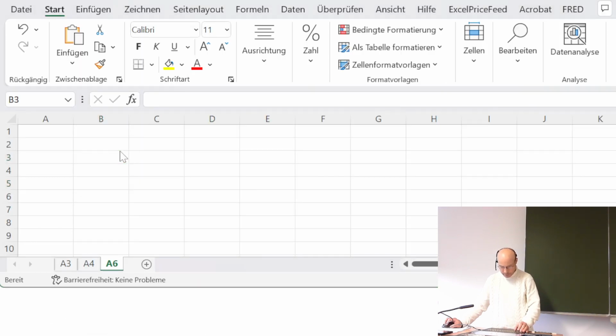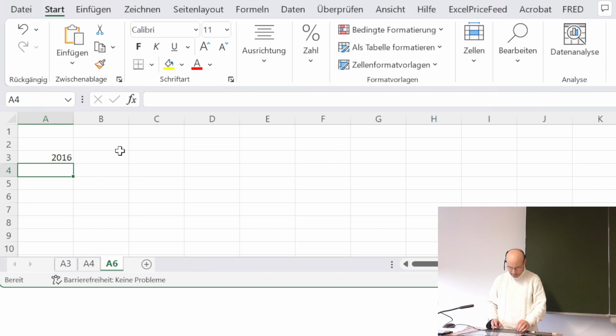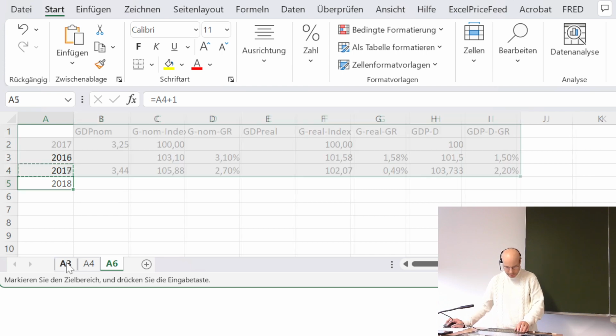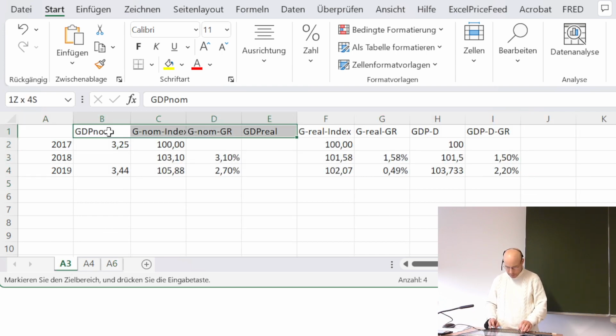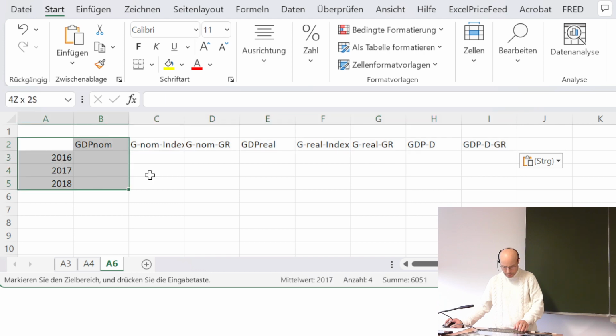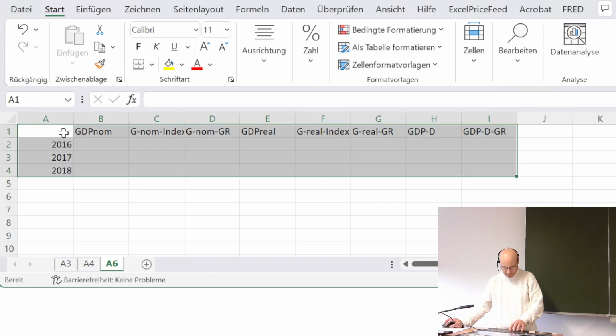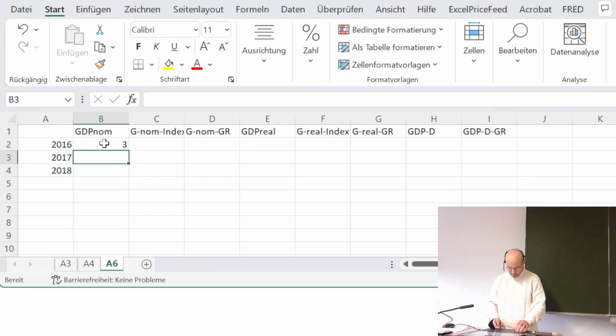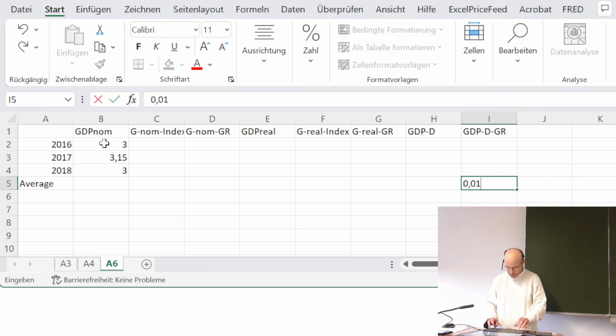Now we have 2016 to 2018, and then I can just copy this one and put it in here. And we have nominal 3, 3.15, and 3.3, and on average we have the GDP deflator growth rate, which is 0.01.